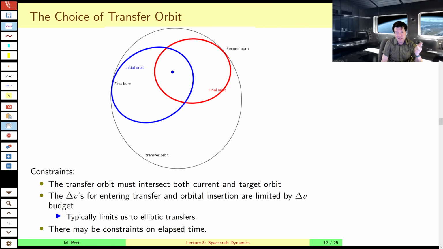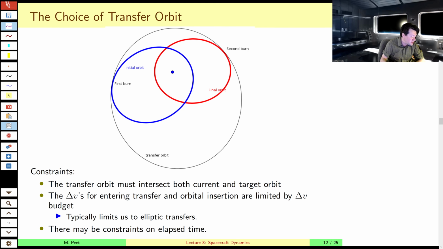And also don't forget plane changes. So in lectures 8, 9, and 10, we're going to consider several different ways of designing those transfer orbits and go through them all very carefully. Because that's the path planning problem. That's your GPS in space, those transfer orbits.